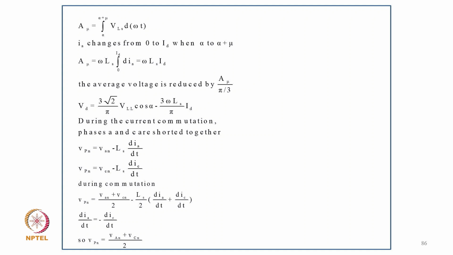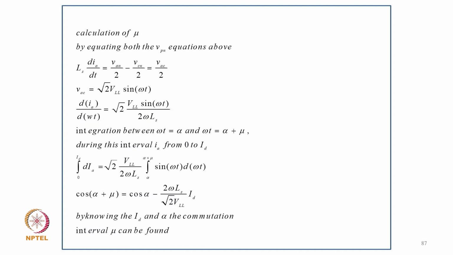And for the calculation of mu, by equating both VPN equations, LS dia upon dt equals Vn upon 2 minus Vc upon 2 equals Vac by 2, and Vac equals root 3 VLL sin omega t, and di upon d omega t equals root 2 VL sin omega t upon 2 LS, with integration between omega t = alpha and omega t = alpha plus mu.